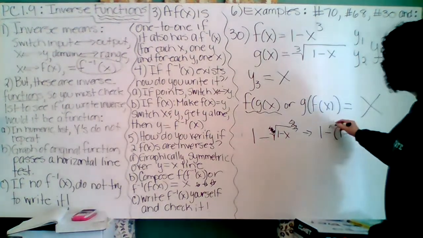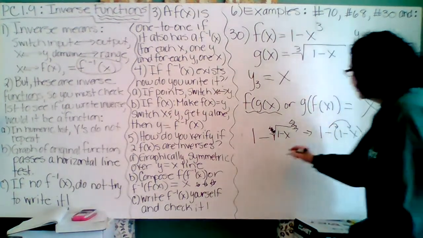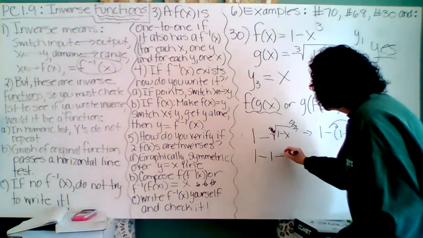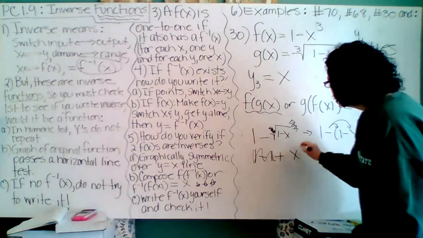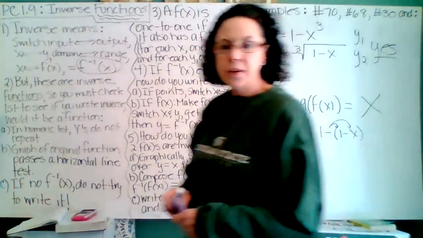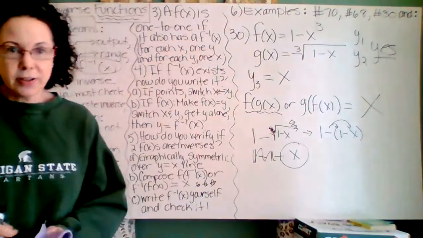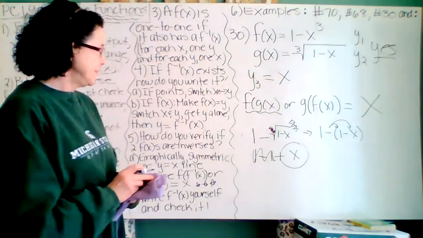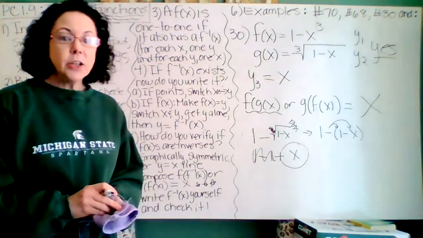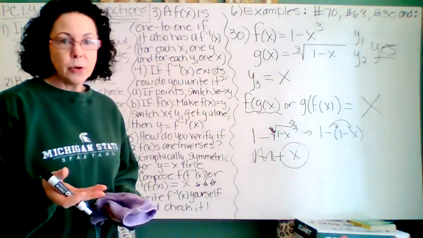And when I distribute my negative here and here, I get 1 minus 1 plus x. The ones cancel. These two functions must be inverses of each other, since when I composed them, I only had an x left.